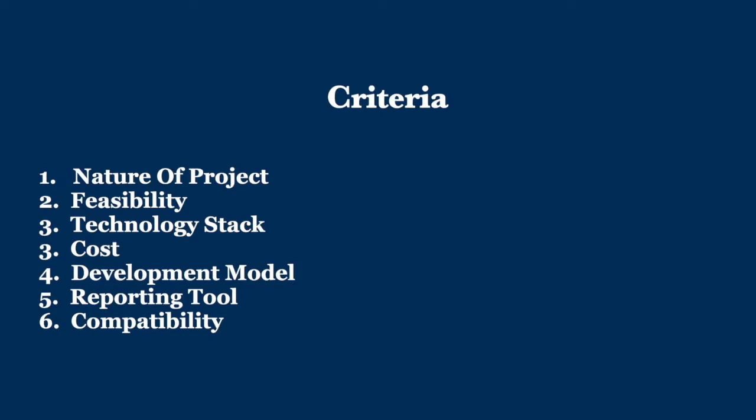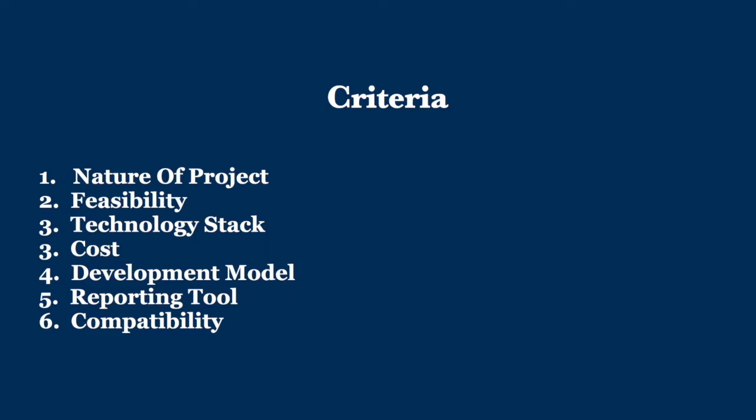In such a case your tool should be easy to plug in and play with other technologies like CI/CD. So these 6 or 7 points which I have mentioned here, we should take care of while selecting the automation framework or automation tool.